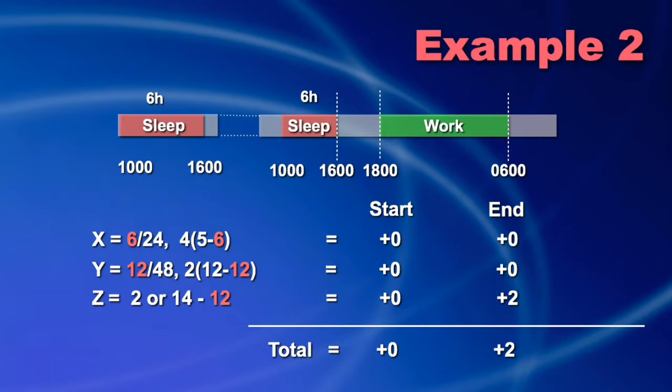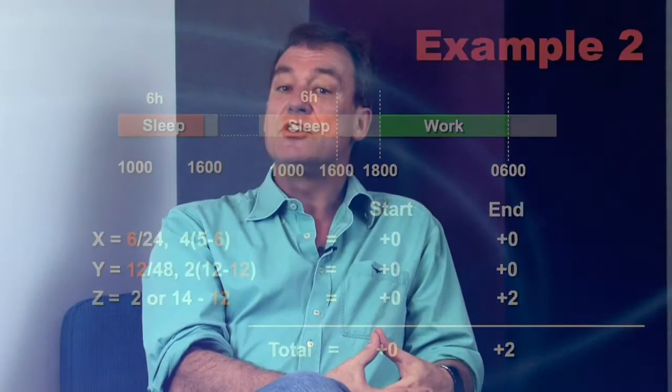So if the individual has been awake at the end of the shift for 14 hours, but they only had 12 hours of sleep in the prior 48, that means for the last 2 hours of the shift, they were clocking up additional fatigue points. So by 5 o'clock it had gone +1, and by 6 o'clock in the morning it had gone +2. So for this example, the individual commences the shift with a fatigue score of 0 and ends the shift with a fatigue score of +2.